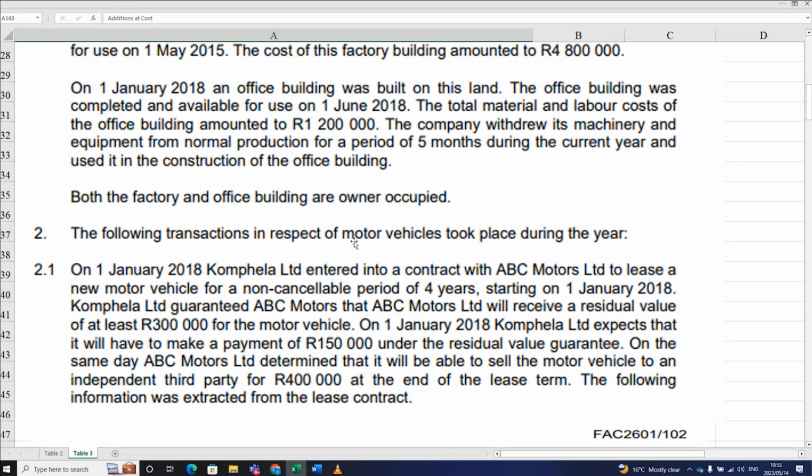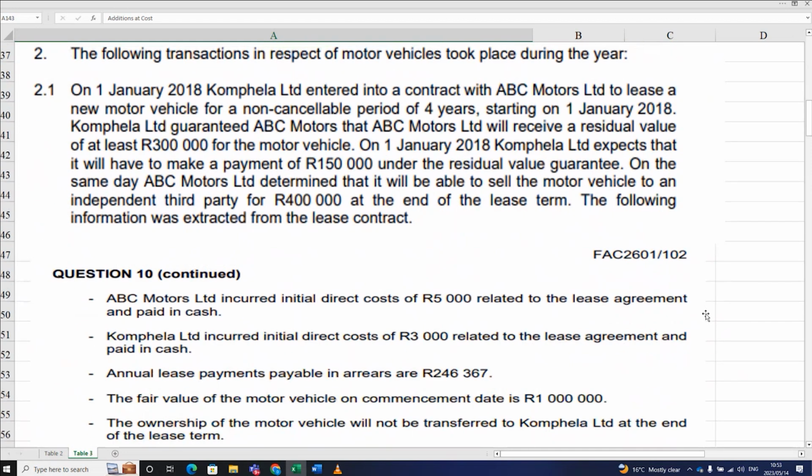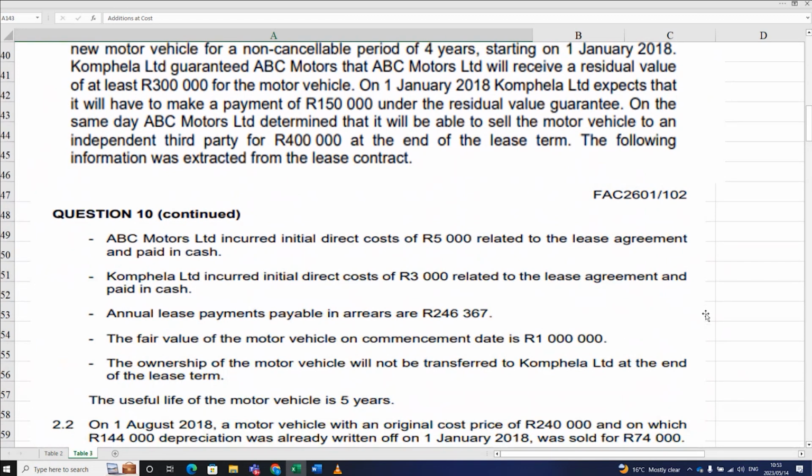So that is like the official residual value, because the residual value is something that must be agreed upon with both parties. We'll just get into the detail of that a bit later when we get to this leases section.